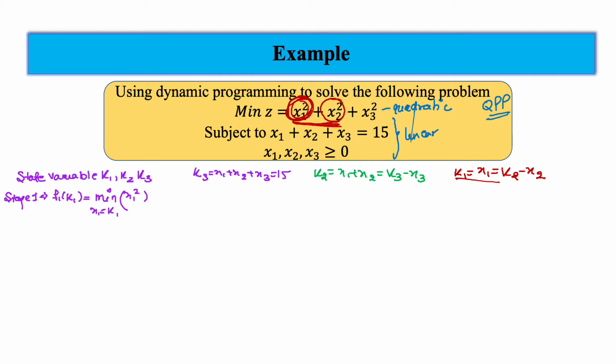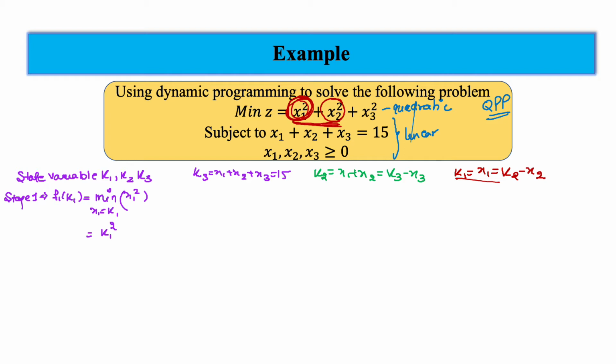So now this will become k1 square. So this is the first stage in this approach. So now we are moving forward direction. So we take stage 1 and then stage 2 and then stage 3. You can use backward recursion or forward recursion. I am taking forward recursion.